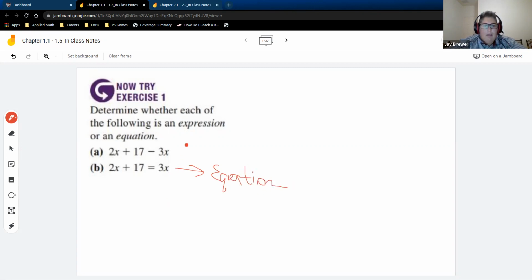And then for the second option, the expression, that is A, because as you can see, there is no equal sign. So the most we could do with A would be to combine our X values, but that's it. You're not going to find an answer necessarily for the expression from A, whereas the equation in B, we could actually solve.